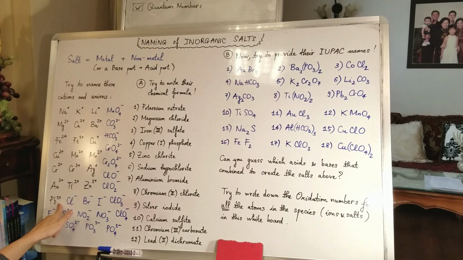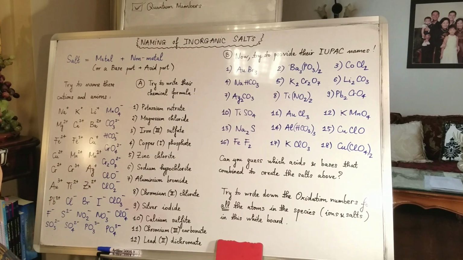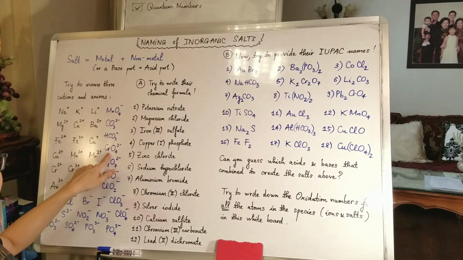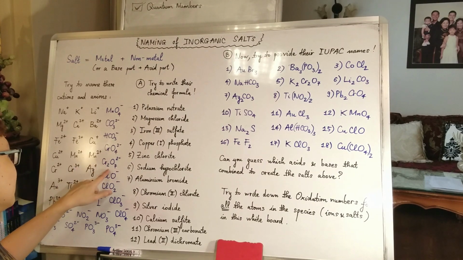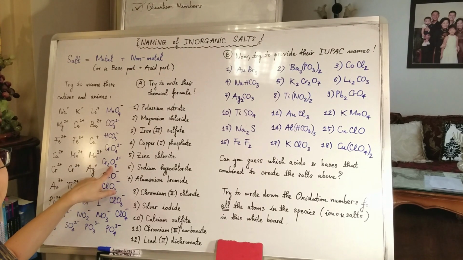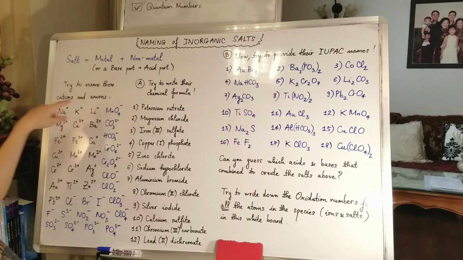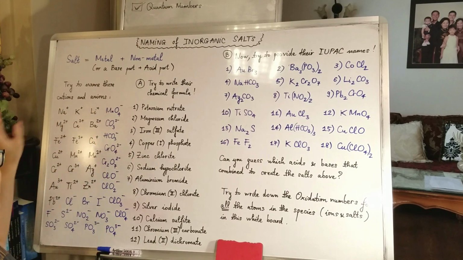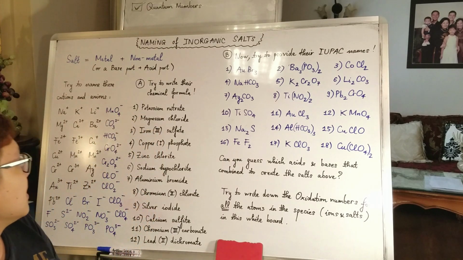It's a lead 2 ion, because we have lead 1 as well. Okay, how about this one? Yes, it's a chromate ion. This one? It's a dichromate ion. With that being said, I'm sure you can name all these anions and cations if you have watched episodes 3 and 4.